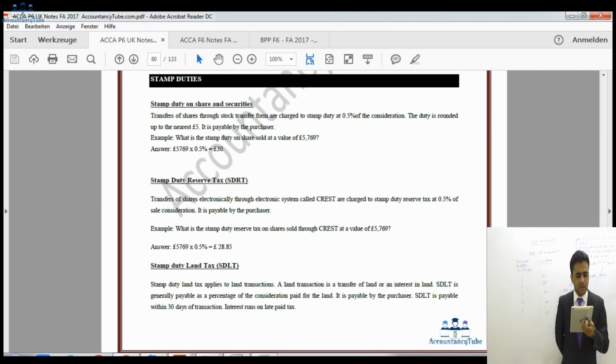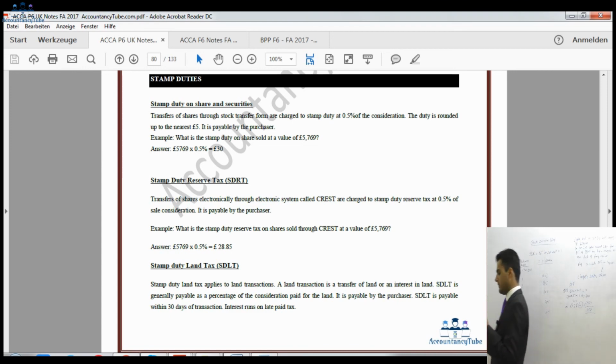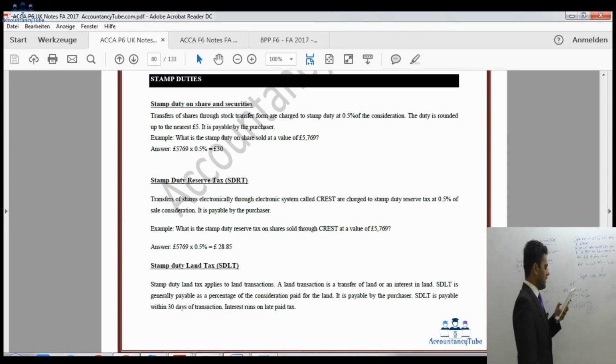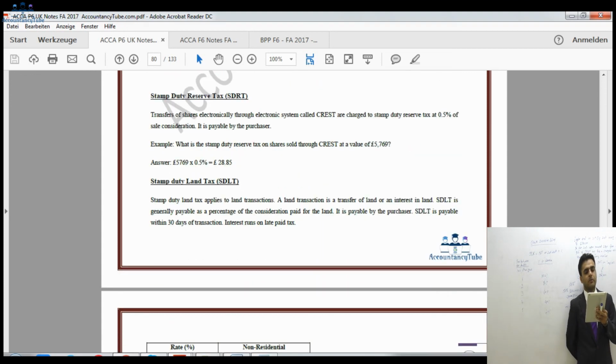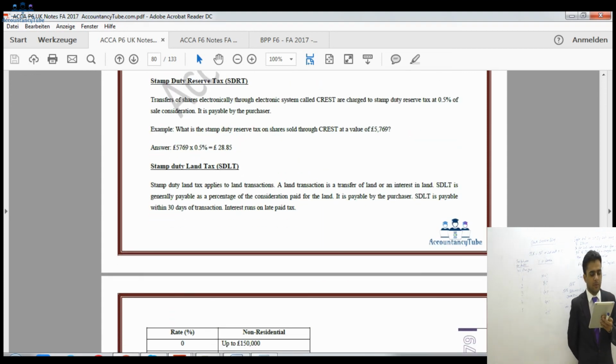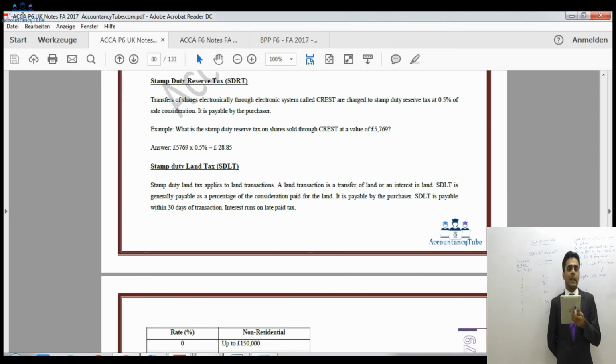Right? After that, stamp duty reserve tax. Now stamp duty reserve tax will be applied on transfer of shares electronically through the electronic system called CREST. The previous one was a physical form.